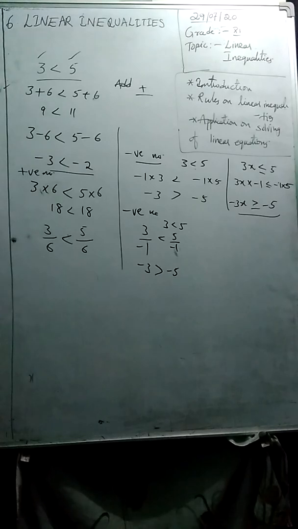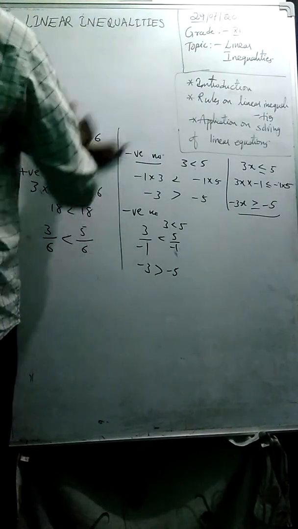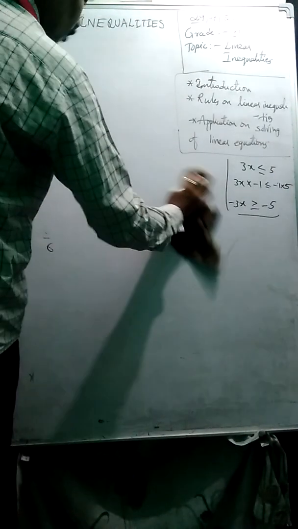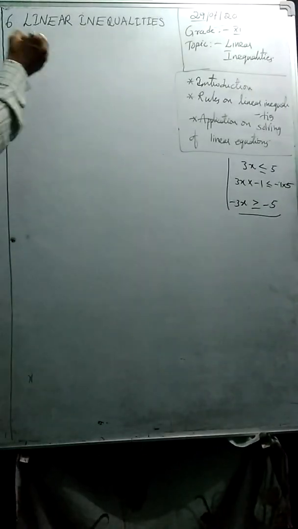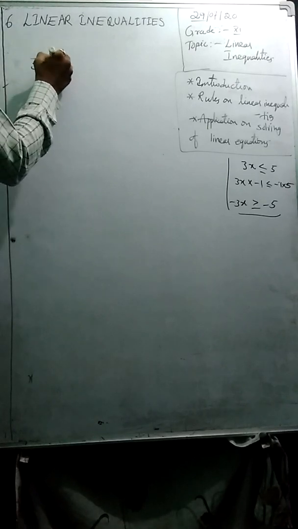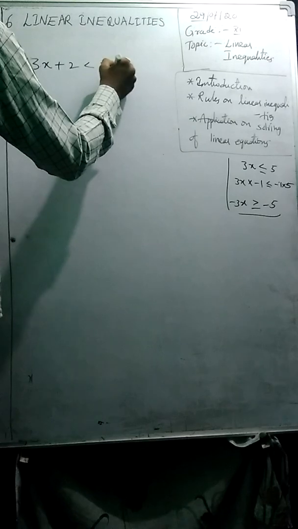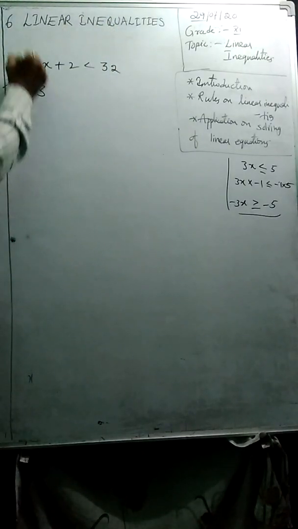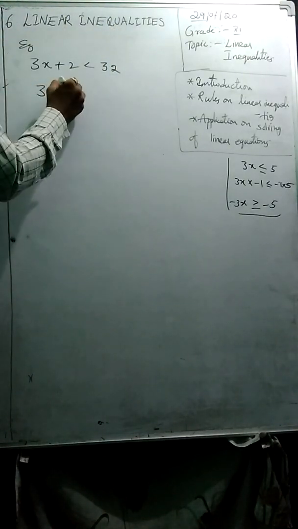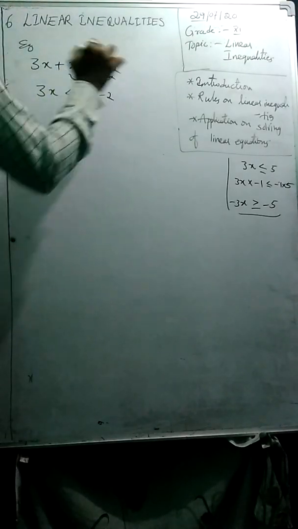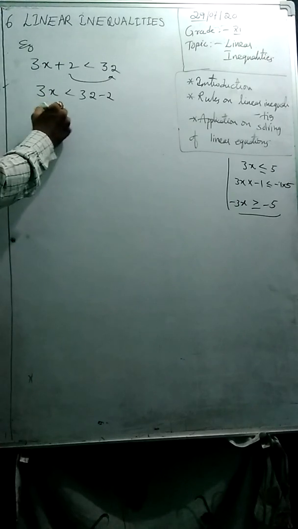For example, students, I will explain with the help of an inequality expression. Suppose one inequality is given, x plus 2 less than 12. Here plus 2 moves to the right side and changes to minus.